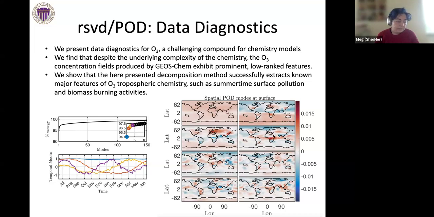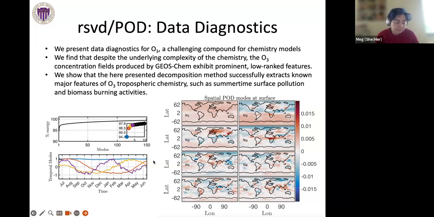The geophysical interpretation of these modes is easiest when combining the temporal pattern with the corresponding spatial features. So the surface ozone exhibits distinct seasonal patterns, as can be seen from the temporal modes.